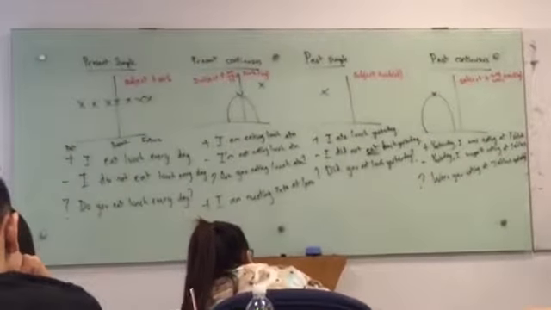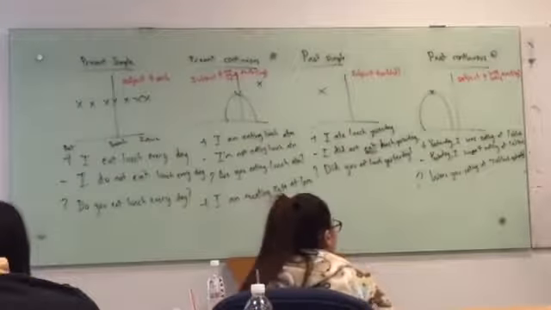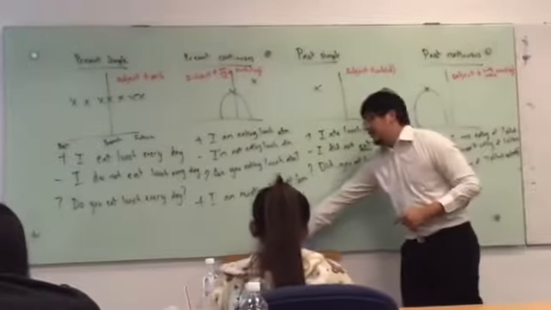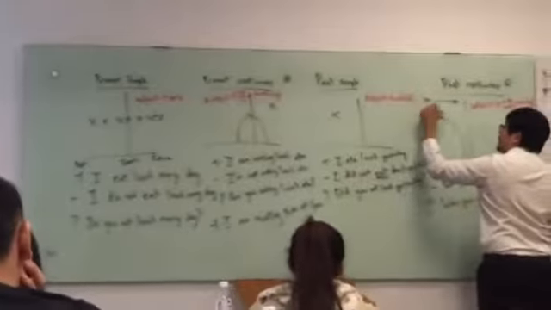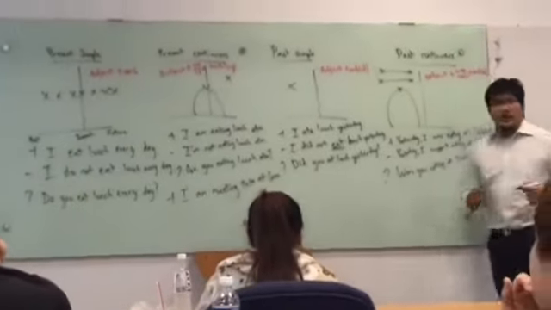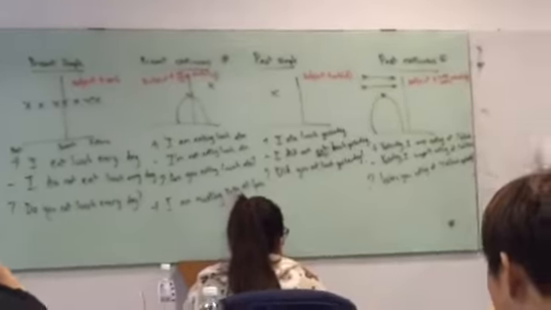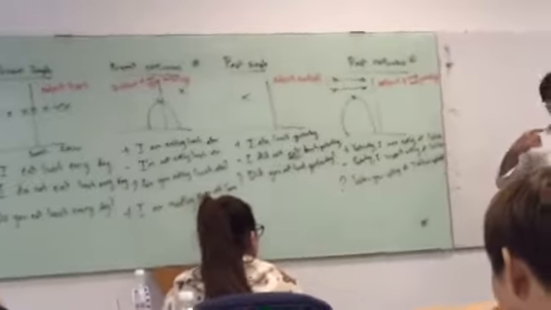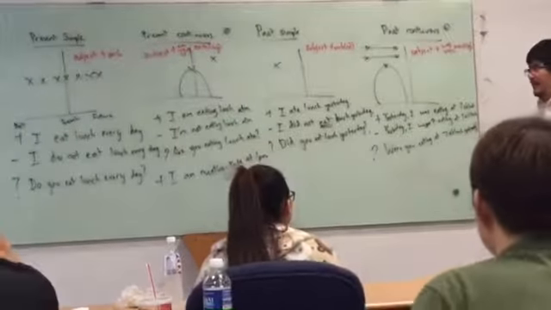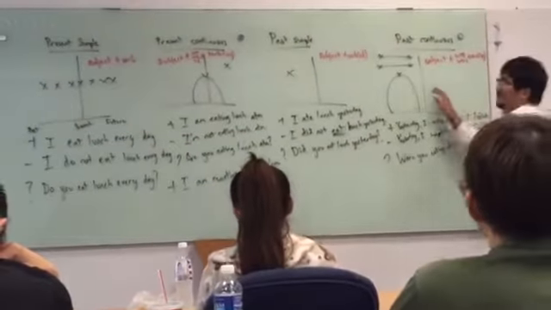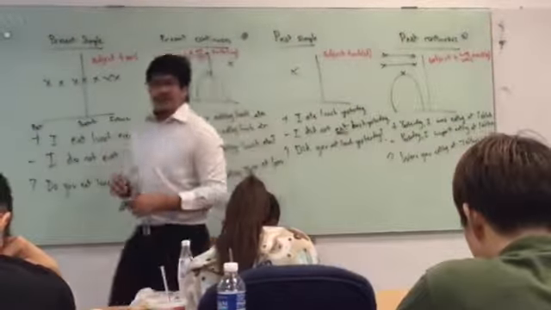Alright, now there's also one more special use for past continuous tense, which is if there are two actions going on at the same time, we also use past continuous tense. For example, yesterday at 7 o'clock, I was eating while Selena was singing. Right, that's another action. There's one last thing to remember about this.